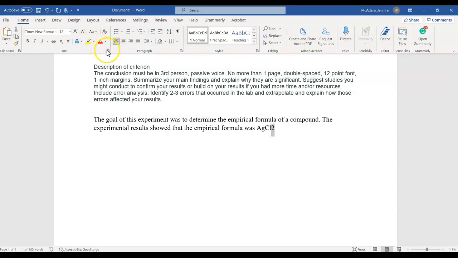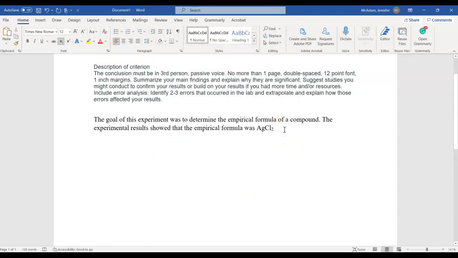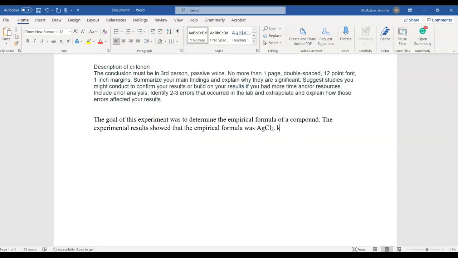With mine, I have to click up here. Actually, right there, this will do it too. But you might have to click here, depending on yours, and then click on the word subscript. Now, if I don't take it off that, you see how it's doing everything subscript? So you've got to take it off. In mine, you can just click here, but if you have an older version, you have to click this little button and then uncheck the box. Period. See, now it's regular again.